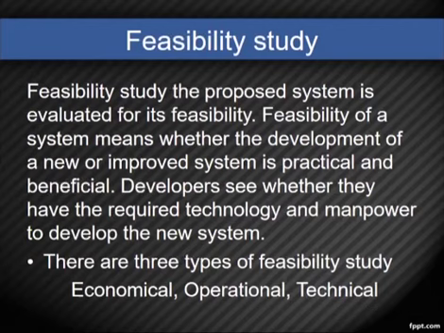Technical, which means whether they have technical things like computers, scanners, or printers to install this system, or we have to propose they buy new computers or technical things to install the system.